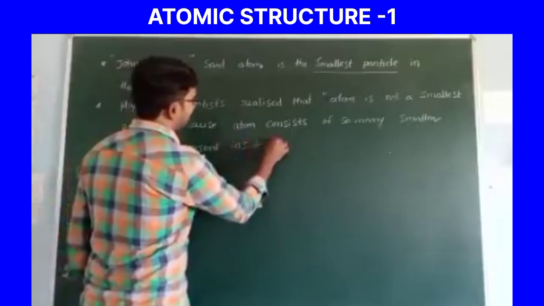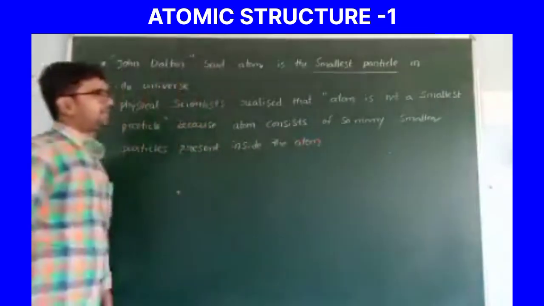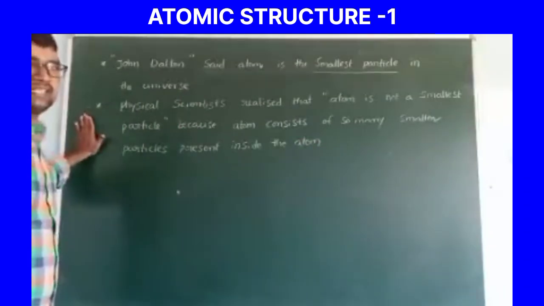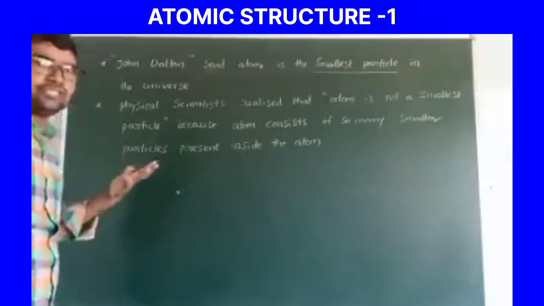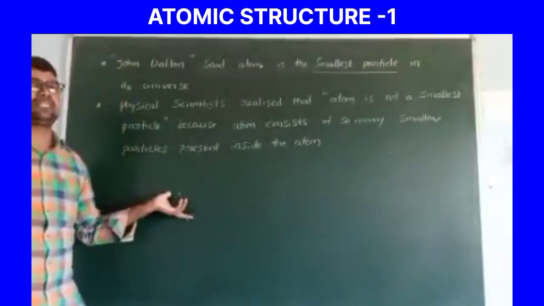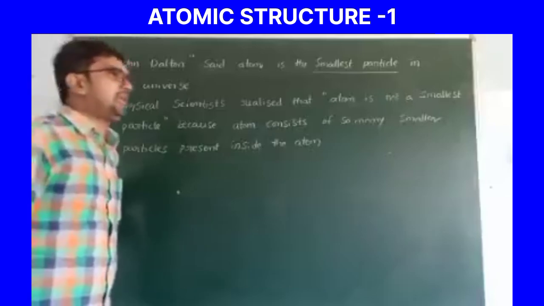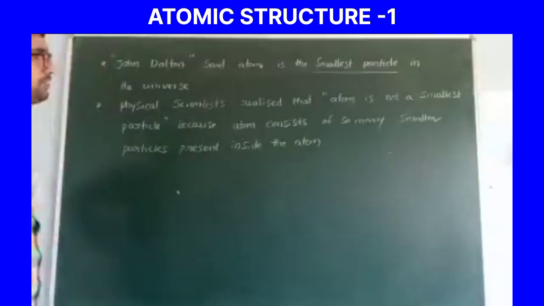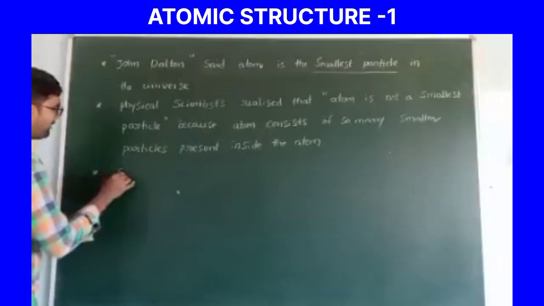So this is what the physical scientists realized. John Dalton said the atom is the smallest, so nothing smaller than the atom exists in the universe. But many physical scientists worked on the atom, and finally they realized that the atom is not the smallest particle, because inside the atom many smaller particles are present. Those are called subatomic particles.